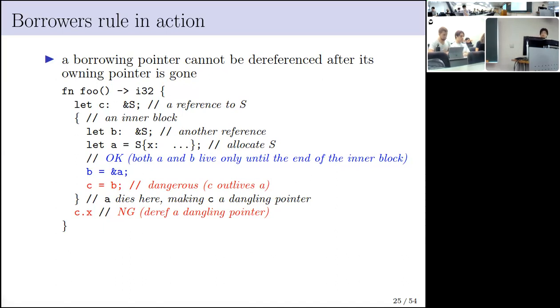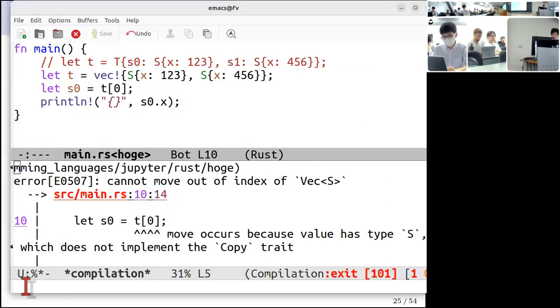This is one of the things that has to be prevented from happening, and this is exactly what Rust is trying to prevent. So let me show you how it actually happens.